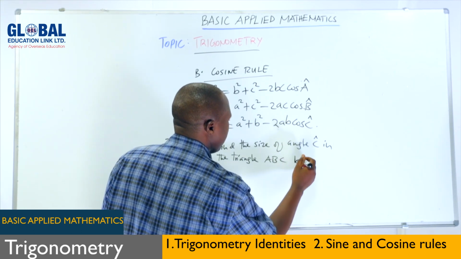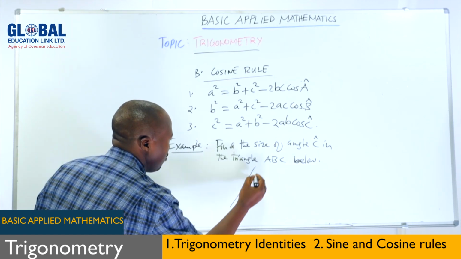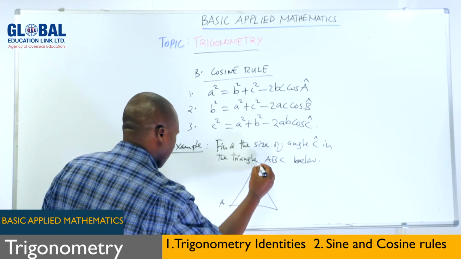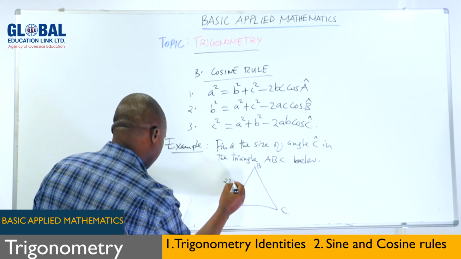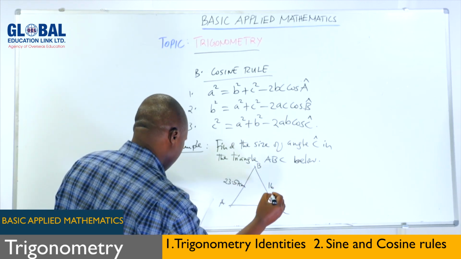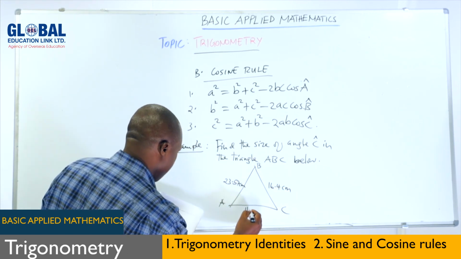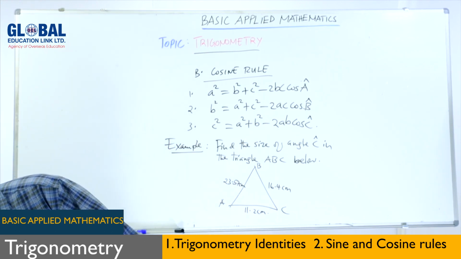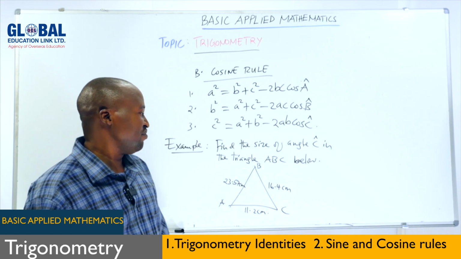In the given triangle, we have A, B, and C with sides 23.57 centimeters, 16.4 centimeters, and 11.2 centimeters. We are supposed to find the angle C.